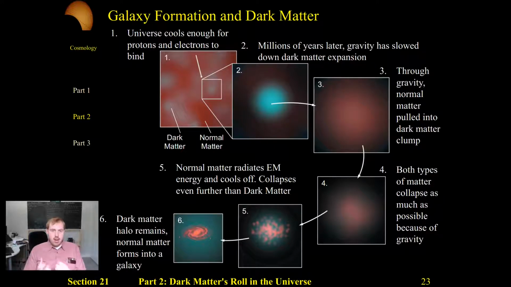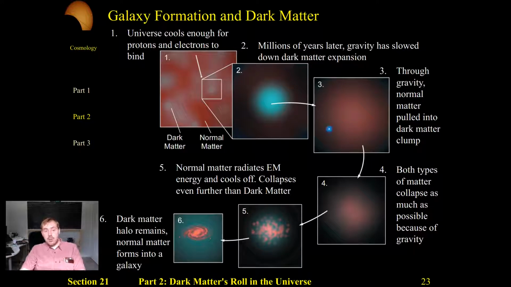All of those radiant photons now start to be freed up to explore the cosmos, because the protons and electrons are finally cold enough that they can stick together instead of being ripped apart thermally. So you've got this normal matter that's no longer ionized and continuing to cool off. But you still have these clumps of dark matter.